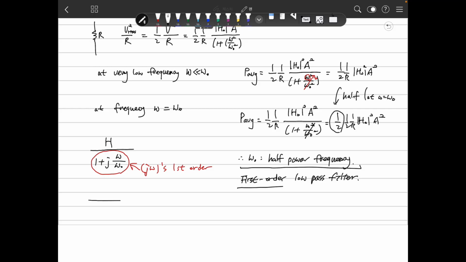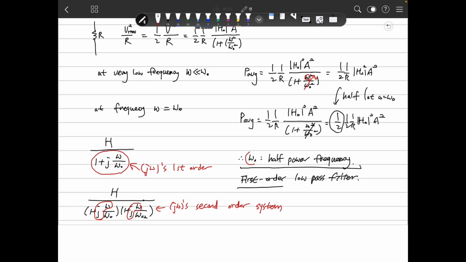If it were 1/((1 + jω/ω0)(1 + jω/(2ω0))), there would be two poles, and we call this a second order system.